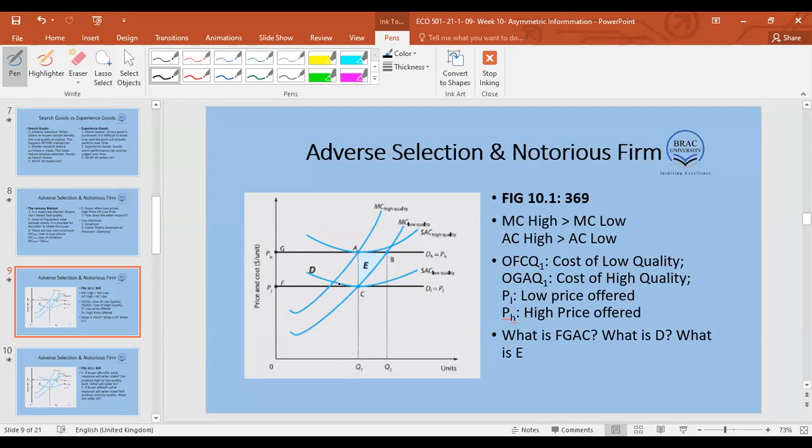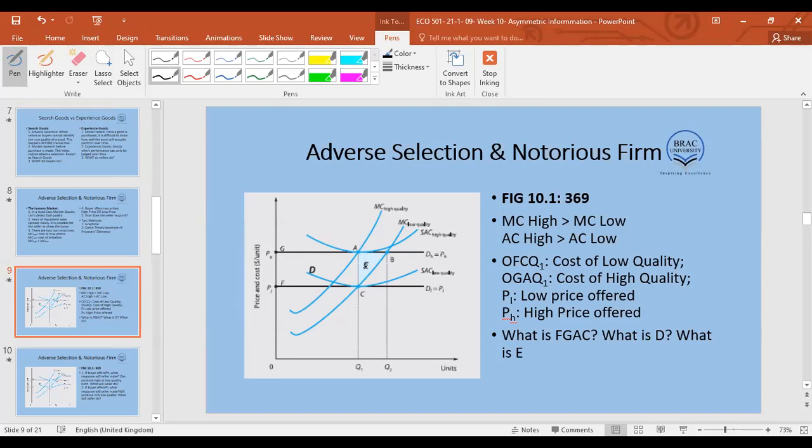He'll make another profit. Because he operated on a smaller, lower cost, he's also going to enjoy this triangle type area. And the seller's flexibility is this, sir: the D rectangle plus the ACB triangle.